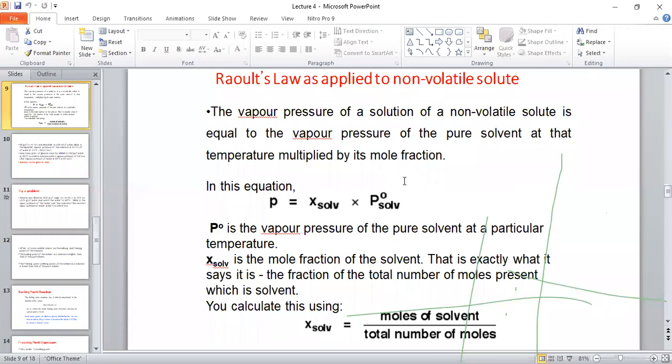So using that, we want to find out what P will be. First of all, we have to know the mole fraction of the solvent because we have been given the vapor pressure of the pure solvent, that is of the pure water. So we want to know the mole fraction of the water.